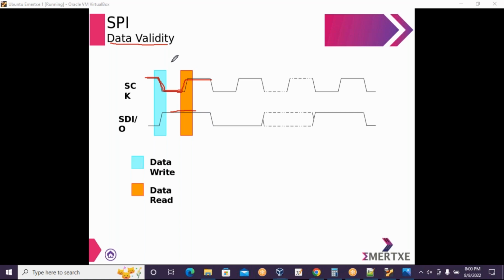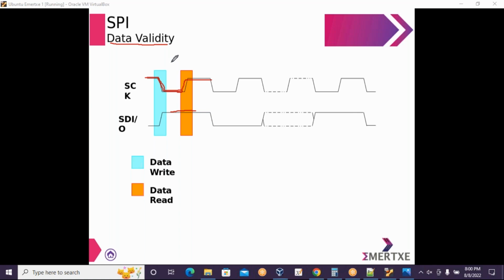There is only one clock line, and with the help of the same clock line, both transmission and reception have to happen. As you know, there is edge triggering and level triggering. Level means you have two levels, low level and high level. Edge triggering means you have two edges, transition from high to low and from low to high.